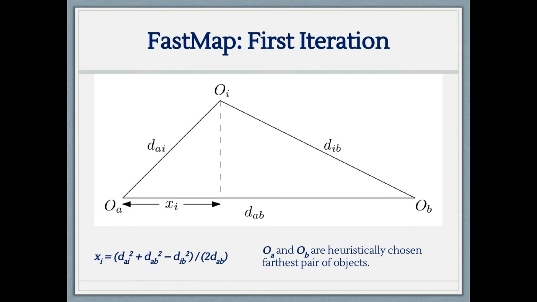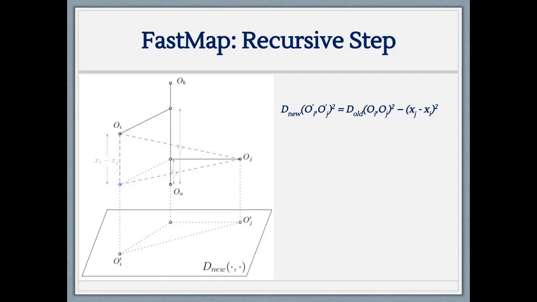Not all of the distances between nodes is accounted for in this first dimension. This leads us to the recursive step in the algorithm. To understand the recursive step, let's take 2 points i and j that are not the pivot points. Part of the distance between them is captured in the first dimension, which uses the pivot nodes A and B. The remainder is projected onto the hyperplane perpendicular to the first dimension, and this residual distance is computed by the formula shown.